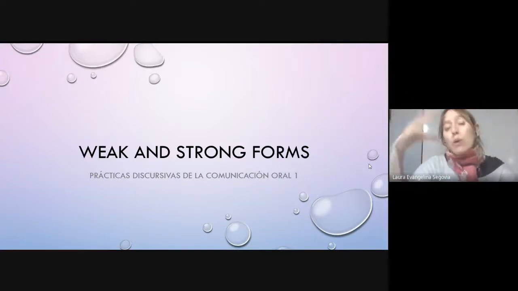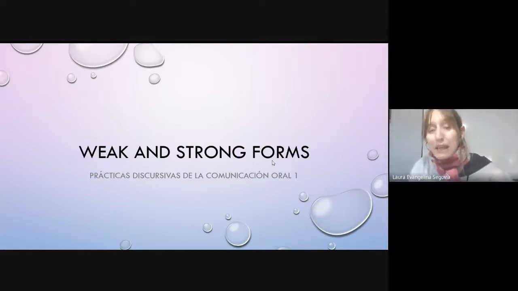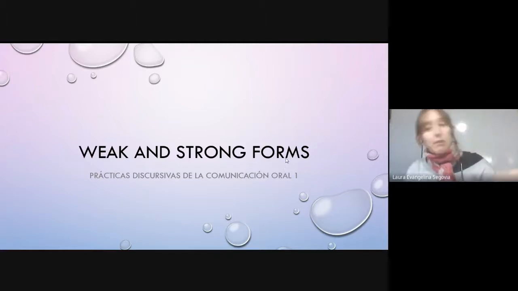Before speaking about forms, we have to speak about weak and strong syllables, because then you will see that there are, in different words, the idea of different weak and strong forms. But this is something for next class, okay?